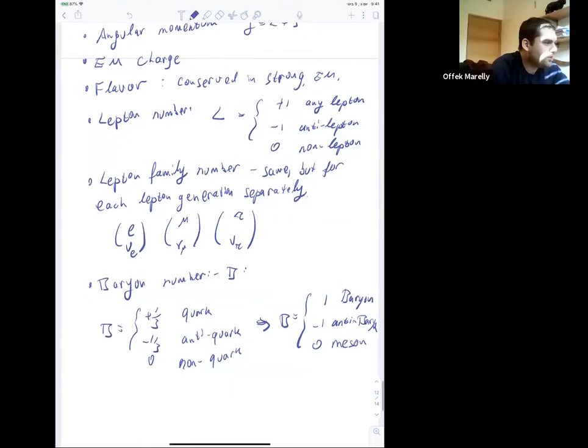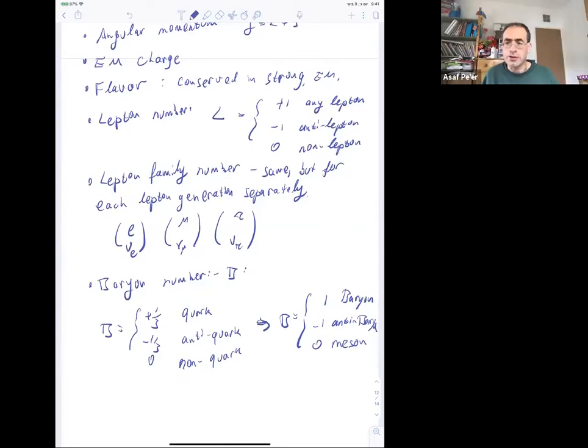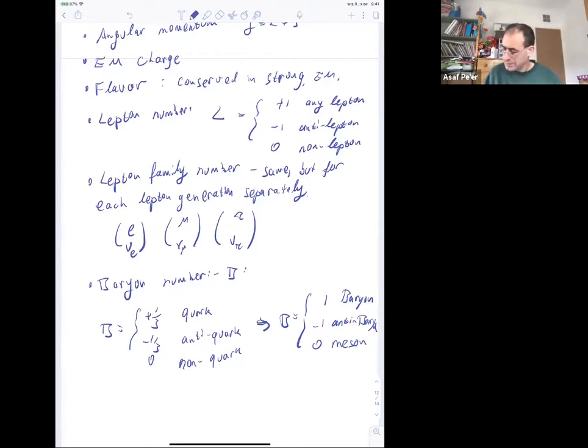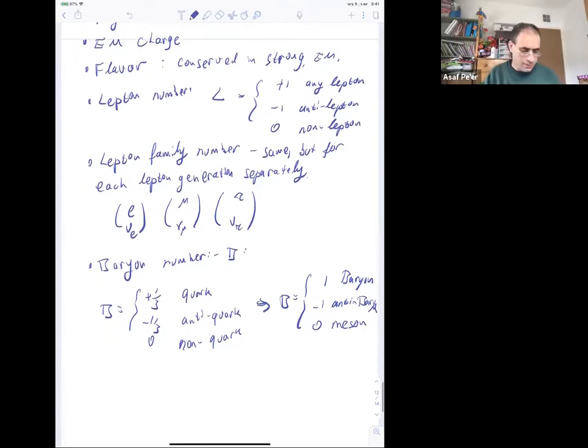Isn't quark plus 2/3 charge? Sorry? No, baryonic number, it's not the charge. Electromagnetic charge is something different than the baryonic number. Sorry. No, it's okay. And then we have the quark family number.